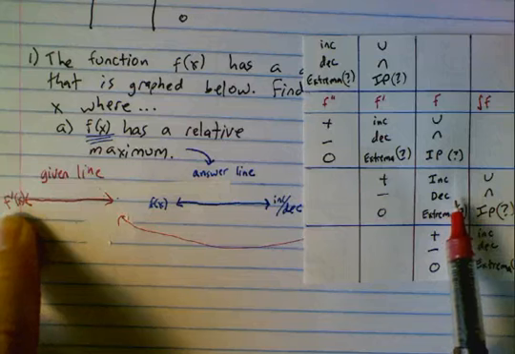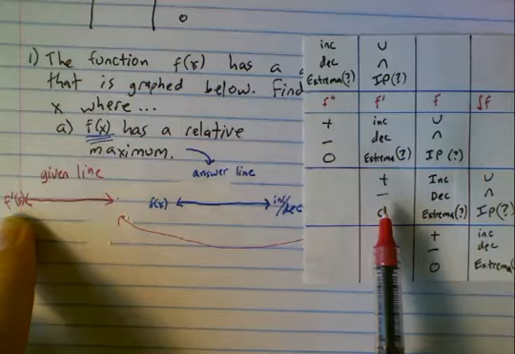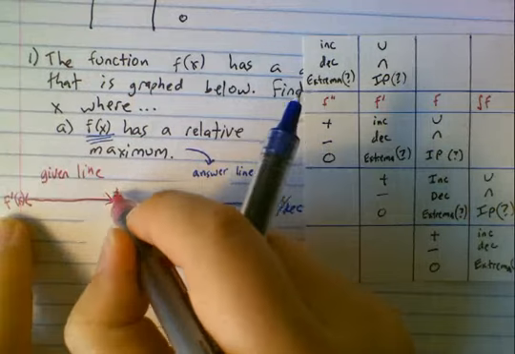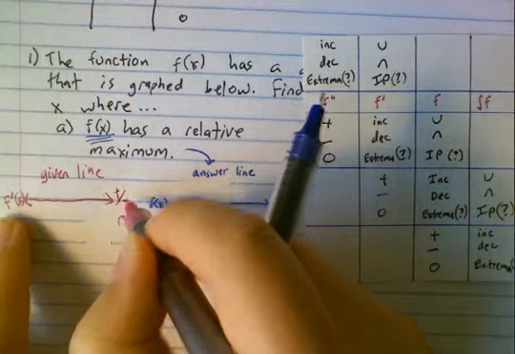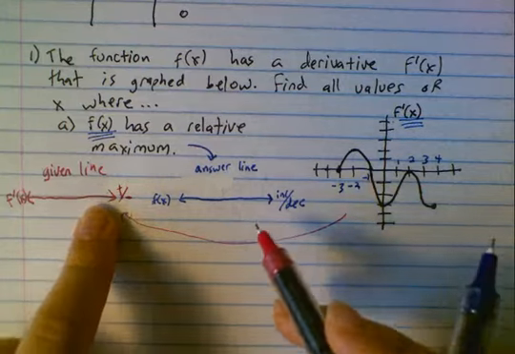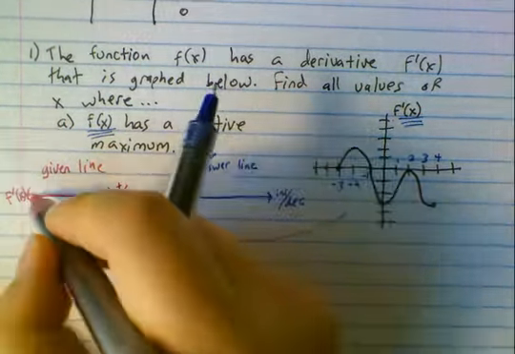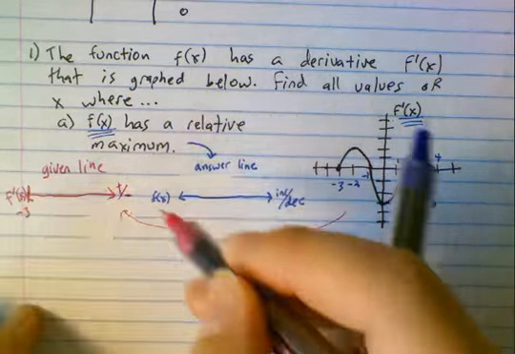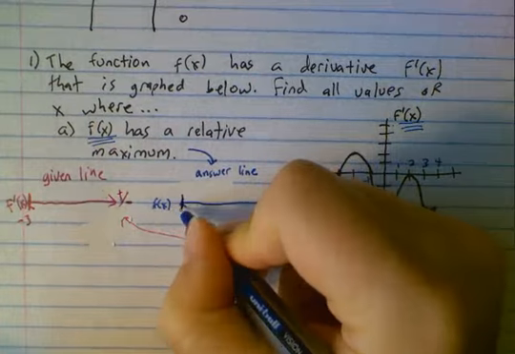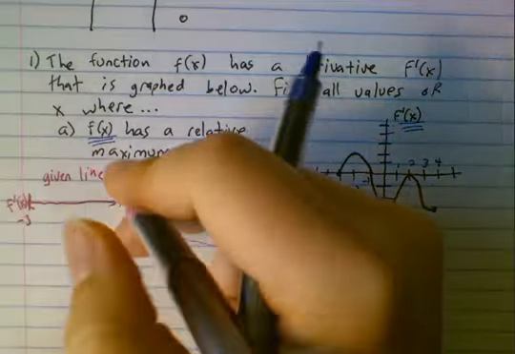I have f prime given, so that means I'm going to translate that into the positive negative line for f prime of x. Now, I can tell positives and negatives in f prime. So starting here at -3, actually these should not be arrows, they should be numbers.